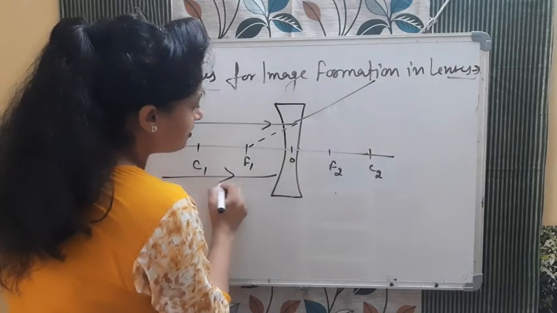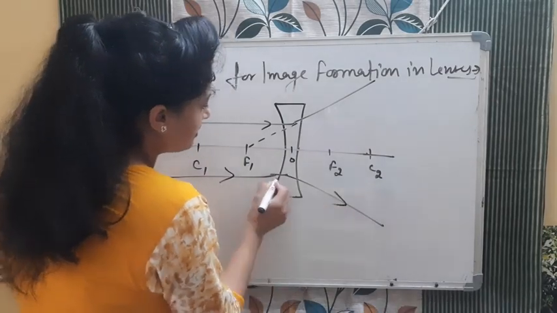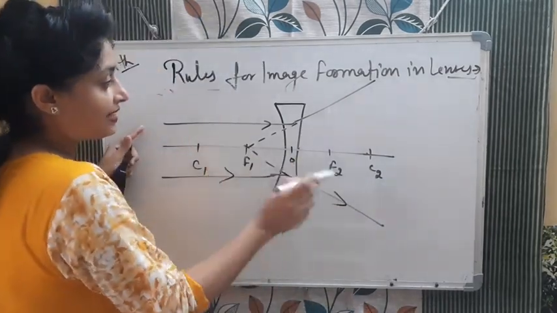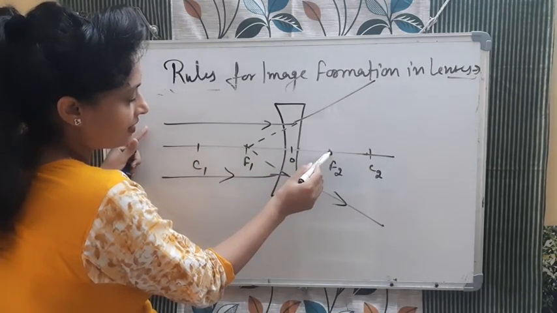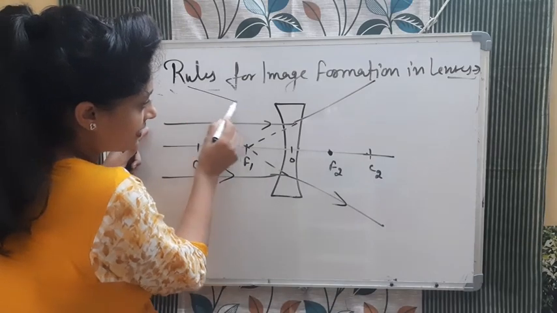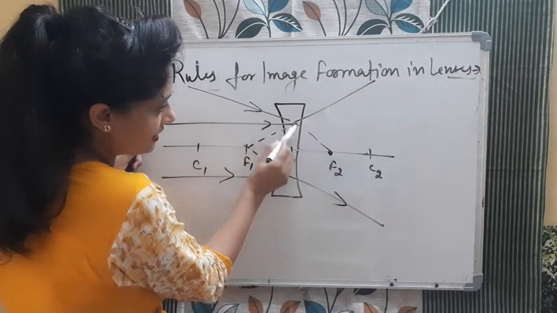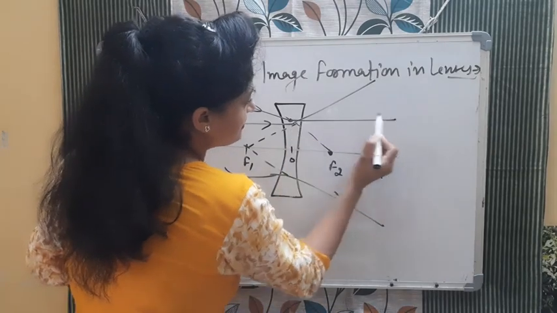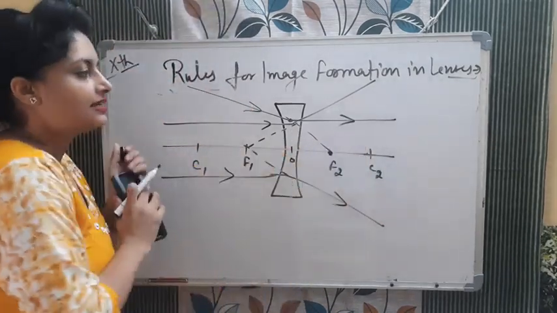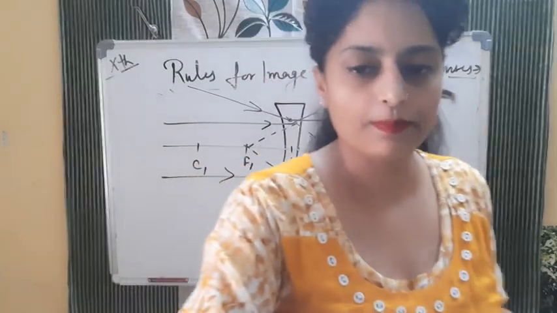If it is coming from here, then also it will diverge in the direction of focus. But any ray that is coming in the direction of focus, when it refracts, it will be parallel to the principal axis. Do you understand? That is a very simple thing.